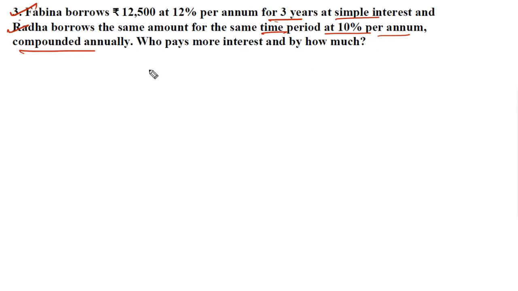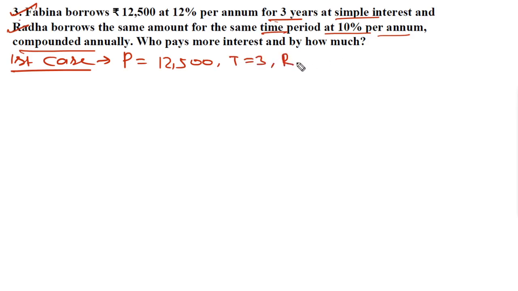Here, the first case, Febina. First case, here P, principal, is equal to 12,500. Then you have T, time, equal to 3 years. Then you have rate of interest equal to 12%. Okay, so we have to find SI. Directly we find SI. SI is equal to PRT by 100.